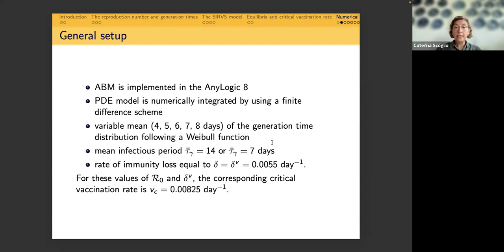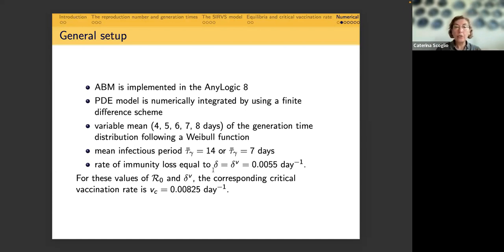We used as our input a generation time distribution following a Weibull distribution with variable mean 4, 5, 6, 7, and 8. We considered two values for the mean infectious period, either 14 or 7 days, but I'm going to present the results for 14 days.